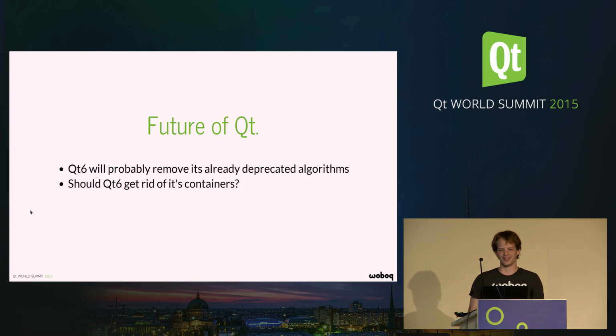Some people say it is, some people say it's not. We're probably not going to get rid of the containers for source compatibility reasons. Even in Qt 6, we don't want everyone to rewrite all their code, so it's probably going to still work. We are not even talking about Qt 6 yet, so maybe this is not going to happen. We don't know what is going to happen, but these are open questions.